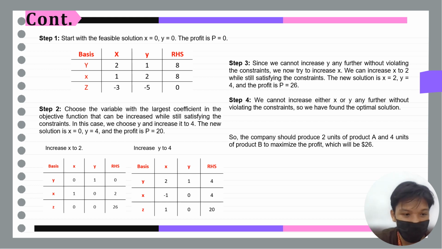As you can see here, where we increase x to 2, which is here, and equal to 26. And y, we choose y here, we increase it to 4, which is equal to 20.